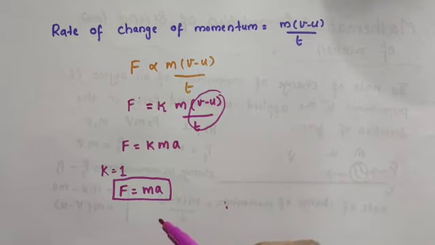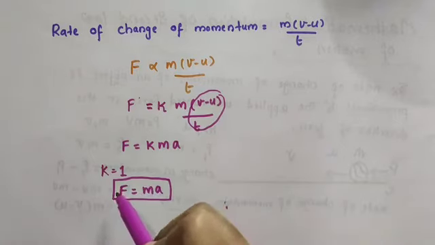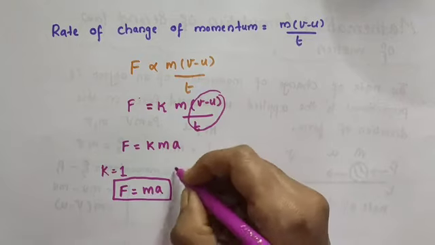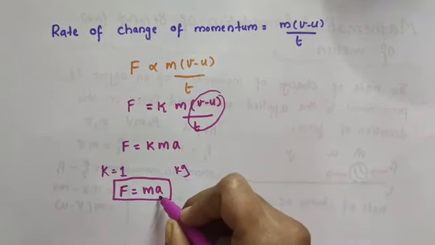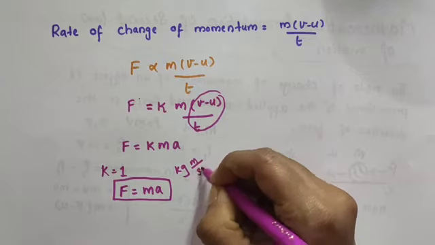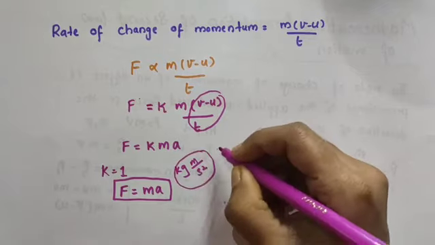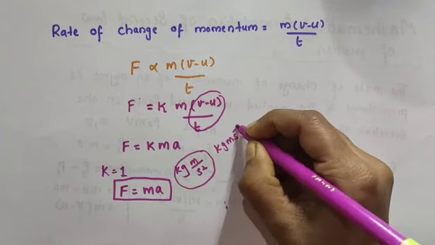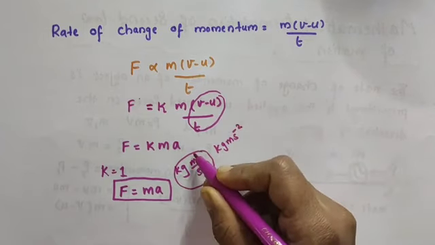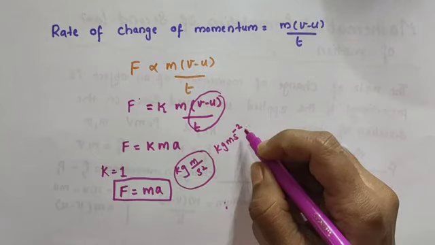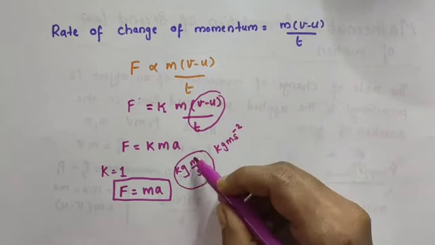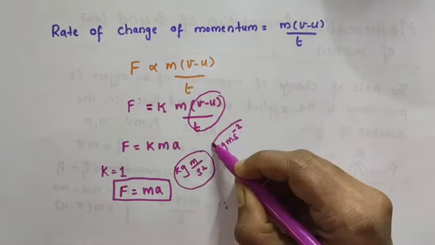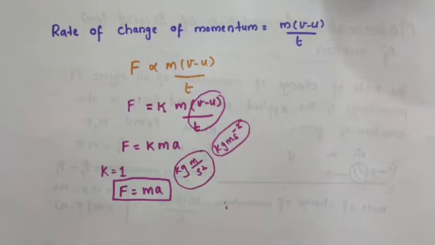To get the SI unit of force, we write the SI unit of mass, which is kilogram, and the SI unit of acceleration, which is meter per second square. So kilogram meter per second square, or kilogram meter second raised to minus 2, since taking the second square to the numerator makes it second raised to minus 2.